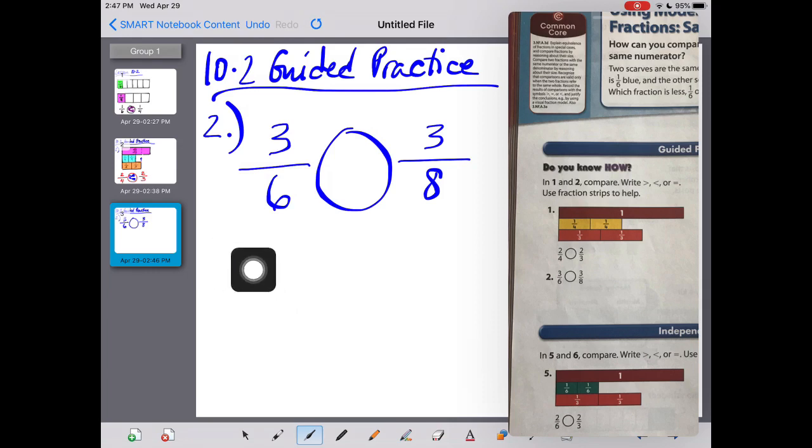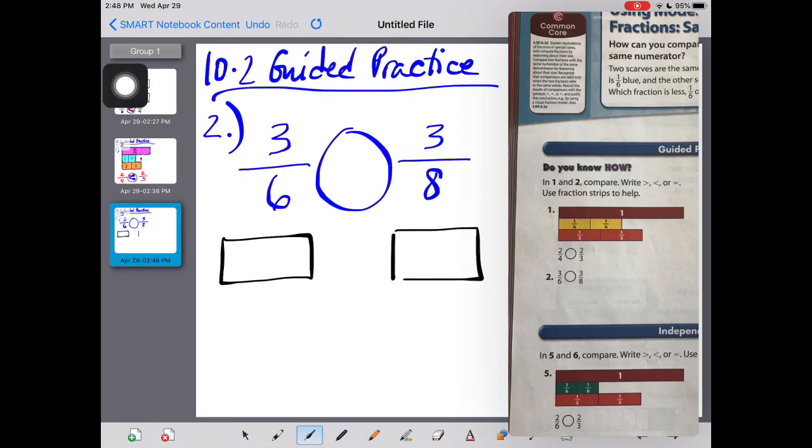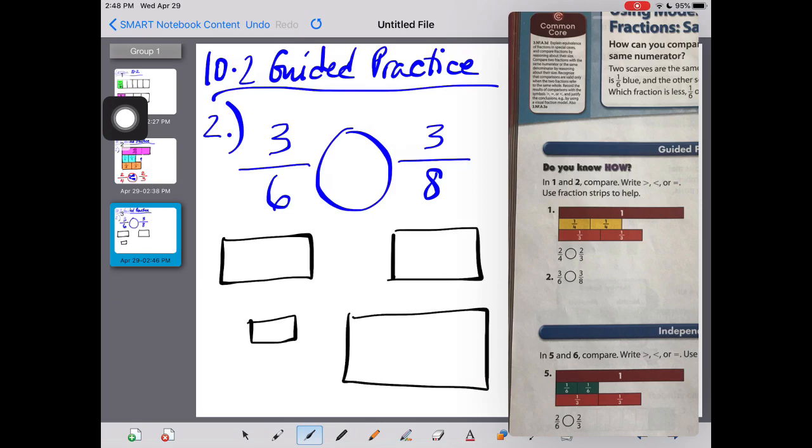first thing you want to make sure of is the whole. If the whole thing, say it's a candy bar, is this whole candy bar the same size as this whole candy bar? It better be, because if this candy bar is this big and this candy bar is this big, then we can't compare fractions, okay?